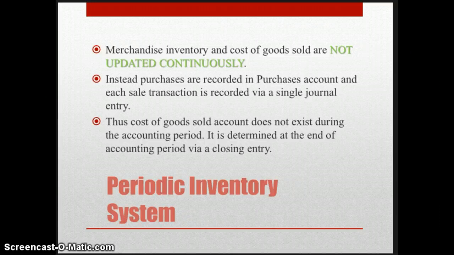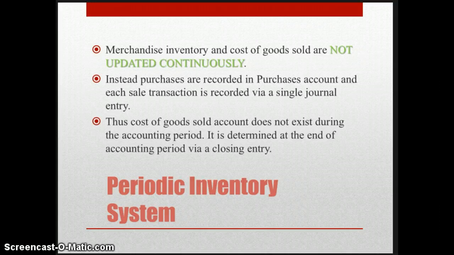Periodic inventory system: merchandise inventory and cost of goods sold are not updated continuously. So, as you can see, the more popular one is probably the perpetual one. Instead, purchases are recorded in a purchases account, and each sales transaction is recorded via a single journal entry.